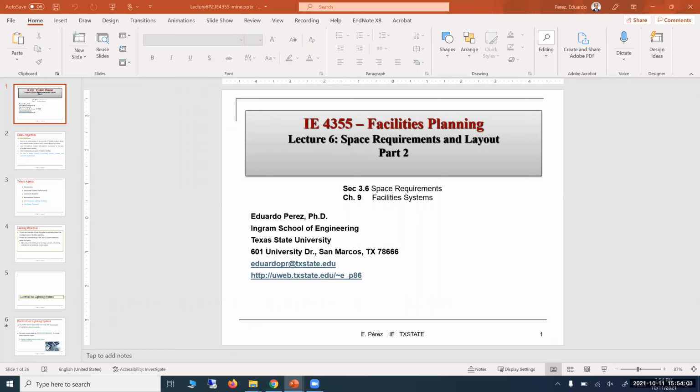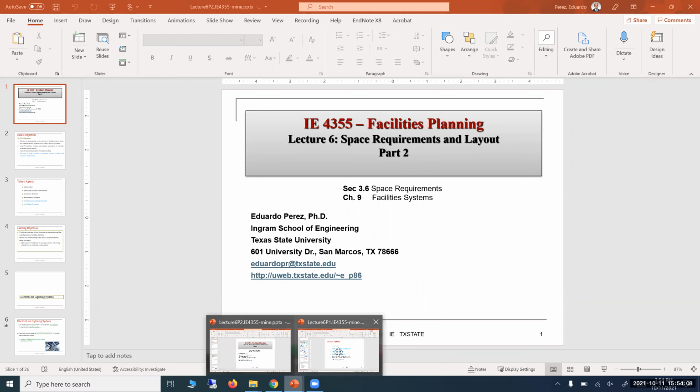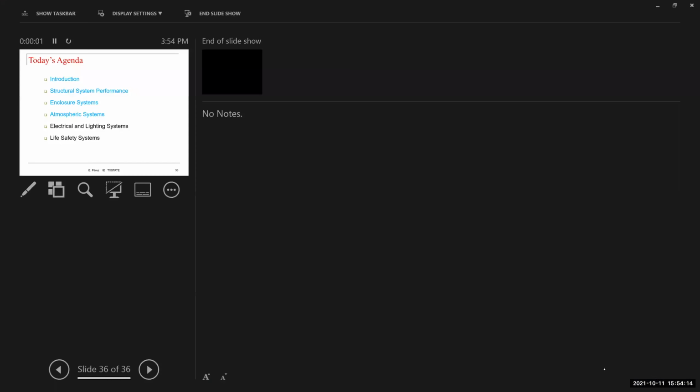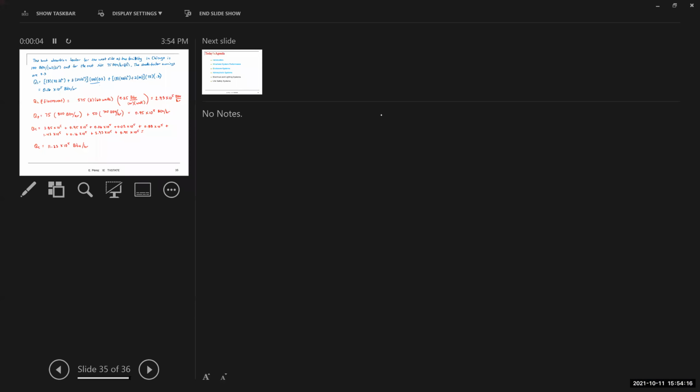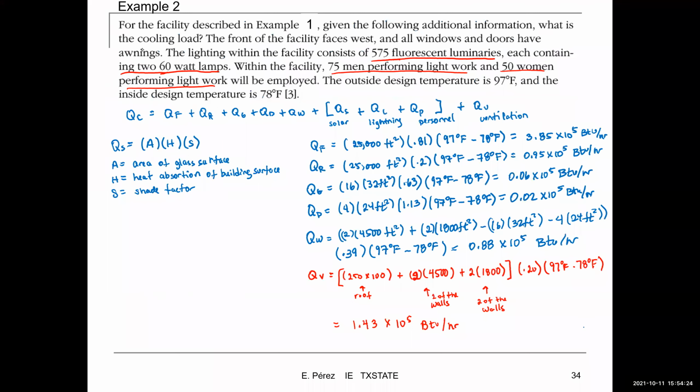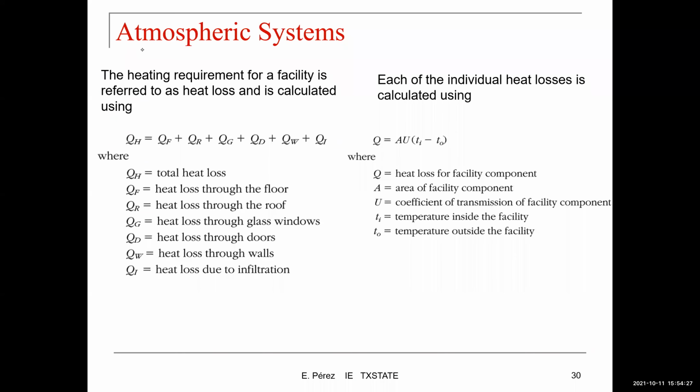Maybe if you look at the formulas, when we are looking at the heating requirement, we are doing Ti minus T out, so T inside minus T outside.